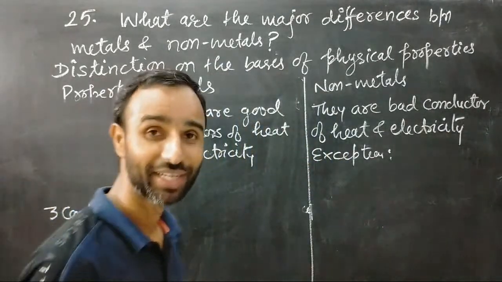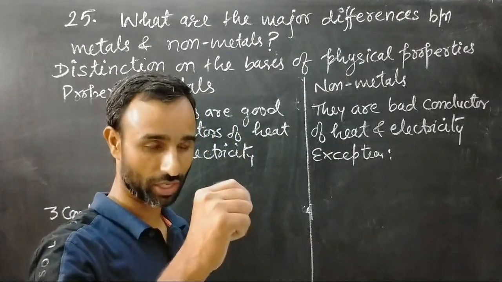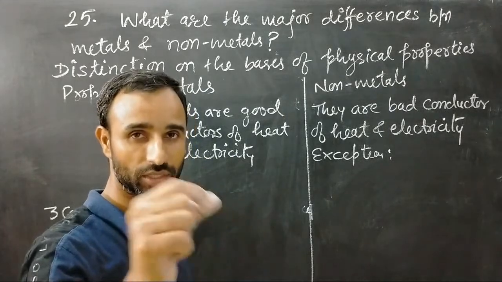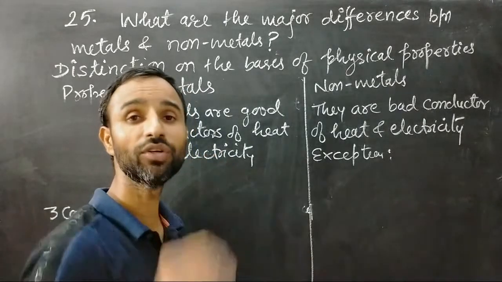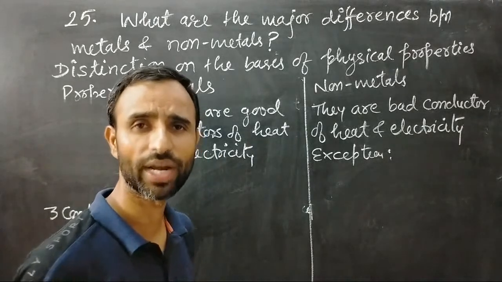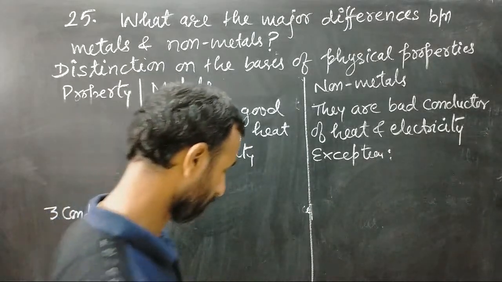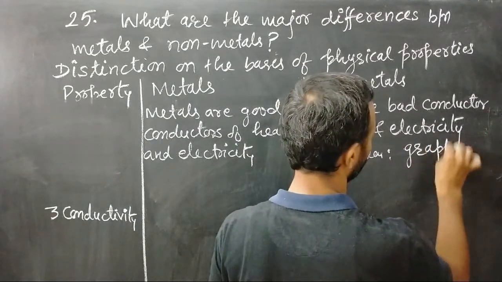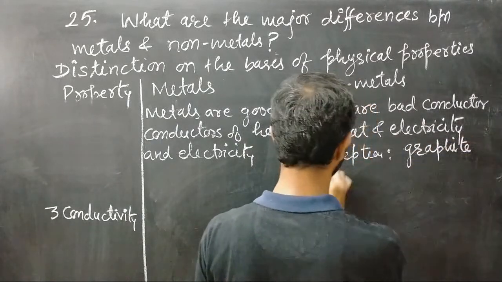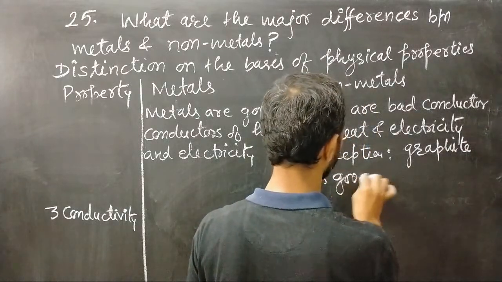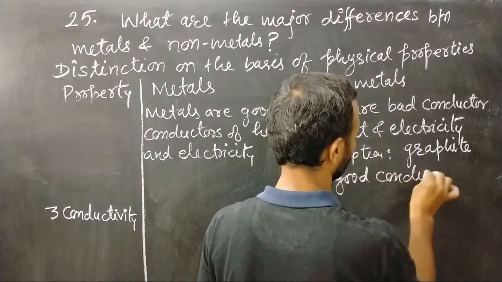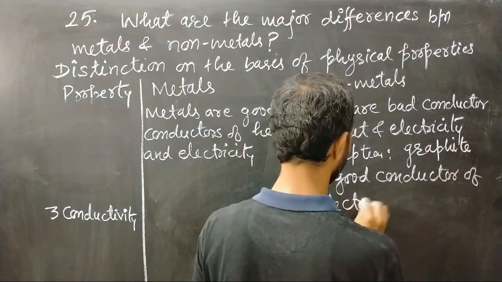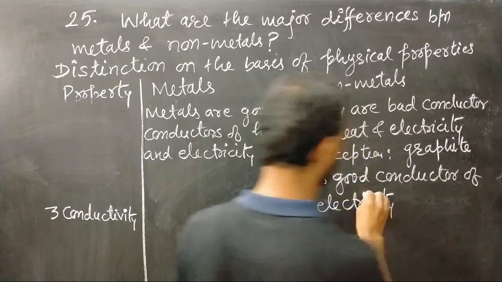Lead pencil means, when we write by graphite, it is just like we are writing with lead. This way it is called lead pencil. Otherwise, we can write graphite is an exception, and graphite is a good conductor of electricity because it has free electrons.